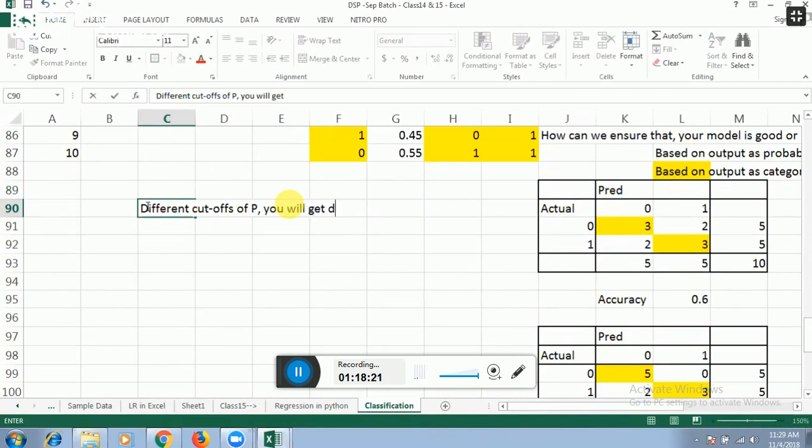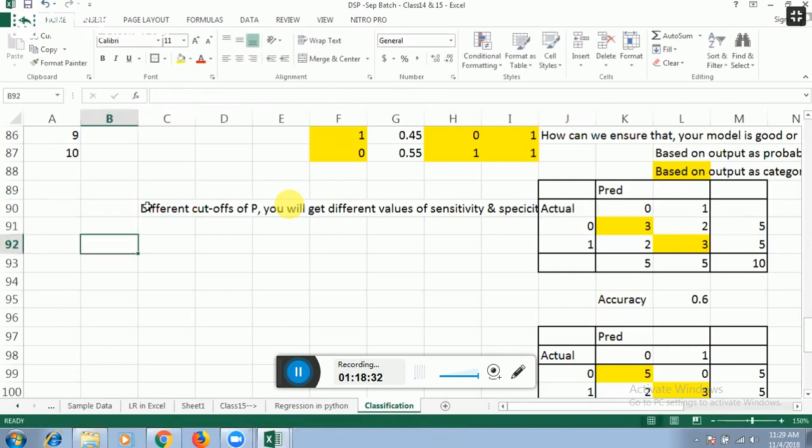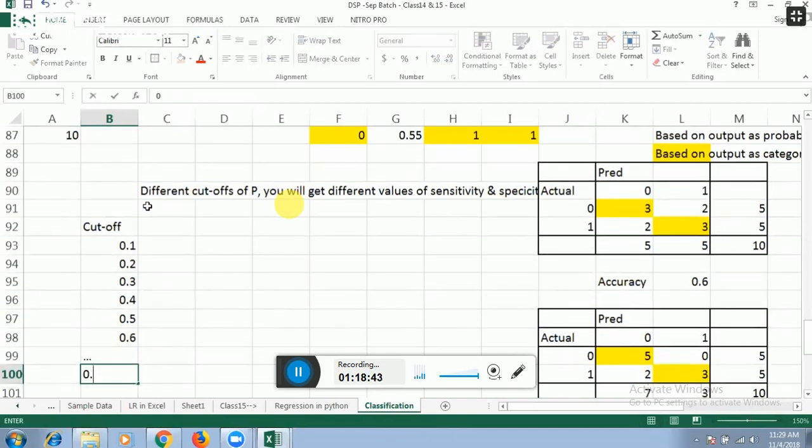You will get different values of sensitivity and the specificity. So my cutoff is 0.1, 0.2, 0.3, 0.4, 0.5, 0.6, and so on, like this, up to 0.99. So I can get different cutoffs, and I will also get the accuracy, the sensitivity and specificity, and of course 1 minus specificity.